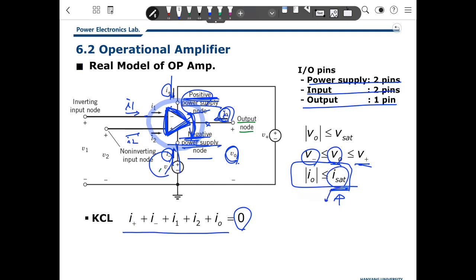The supply current is maybe about 0.x amperes, several hundred milliamperes in general. We call that the saturation current of the pin.